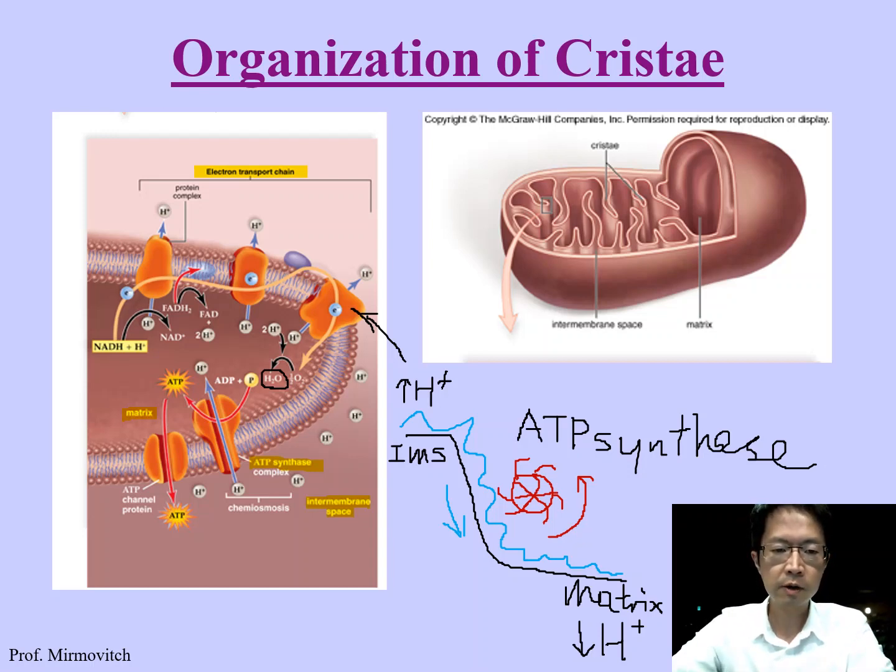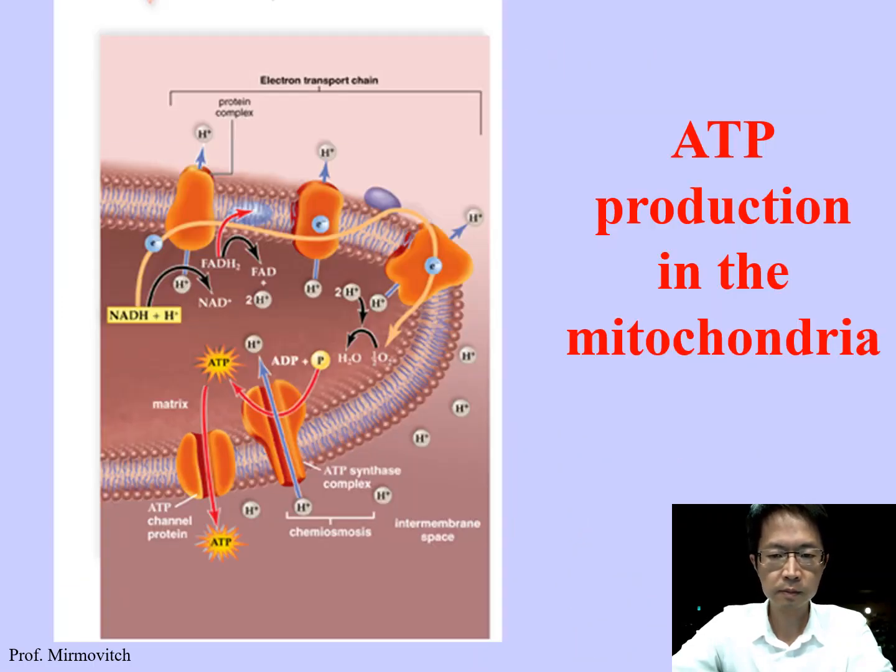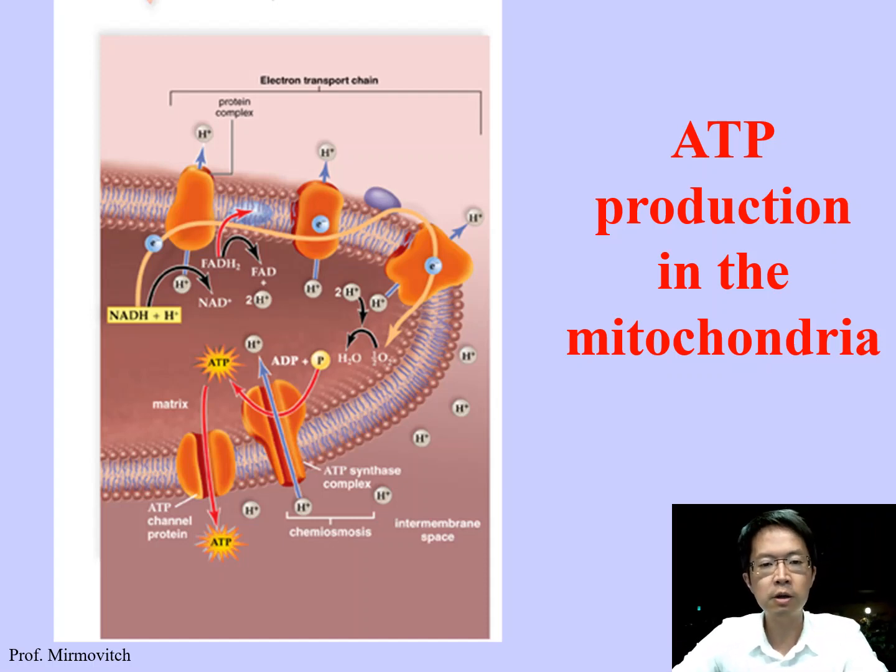So instead of repeating the entire picture here, just like what we did in the last two times, I only talk about what we call the chemiosmosis. This is the chemiosmosis. I summarize the chemiosmosis here: ATP production in the mitochondria.